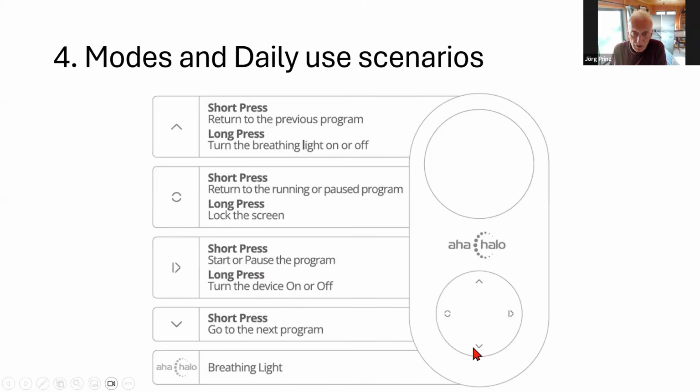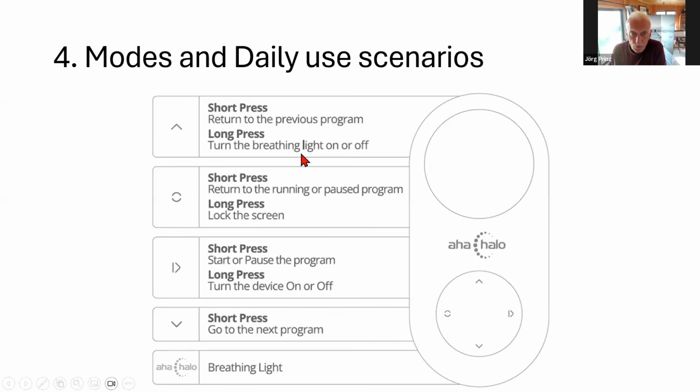These arrows up here and down here actually let you run through the loaded programs, the ones that you have loaded on there. It's not all 100 on there. It's only the ones that you've loaded. And then you can pick it. Once you've found one, you push this button shortly and it runs.